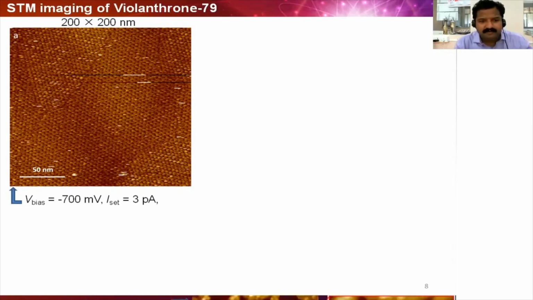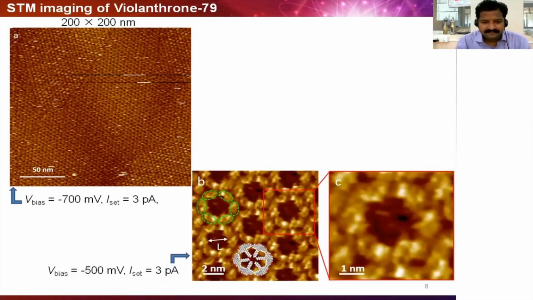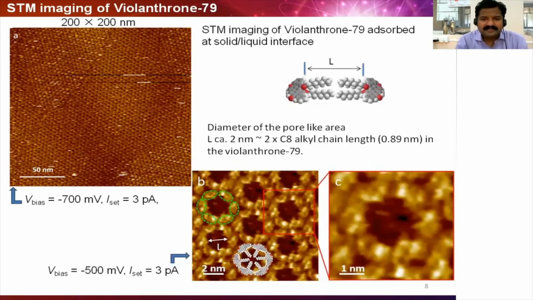Another interesting parameter that we noted is that the diameter of the inside ring, this L, is actually twice the length of the C8 alkyl chain of these molecules, as we can see here.